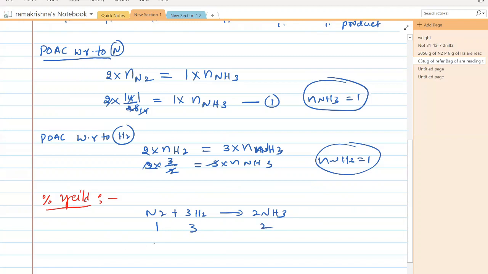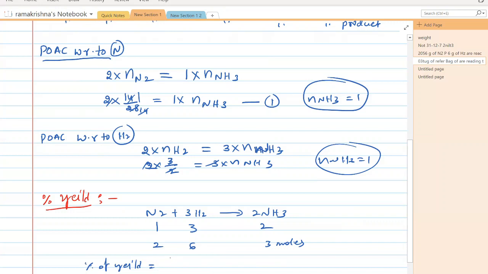And the given data, what they have given? 2 moles, 6 moles. Then how much will you expect? Obviously, 4 moles. 4 moles is expected, but it is forming only 3 moles. In this case, the percentage yield is not 100%.